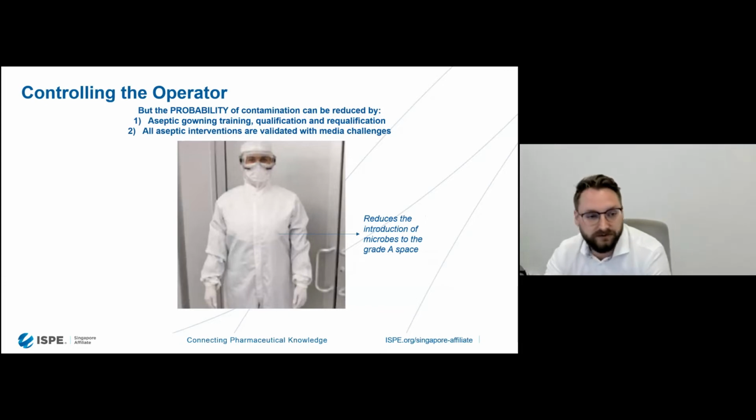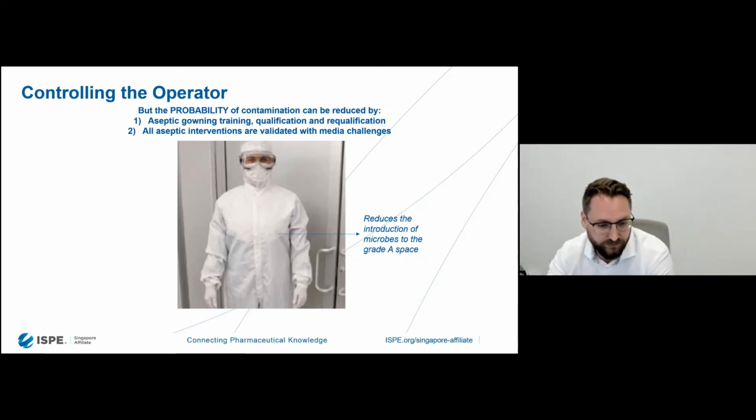To reduce the risk, operators go through aseptic gowning training, qualification, and a continuous requalification cycle. I'm sure a lot of us here have been aseptically trained. It's a long, tedious process. Some people are really good at it. Some people take time to learn the aseptic gowning technique. I've seen people who can do it very quickly, and their plates are always clean. They never have a hit.